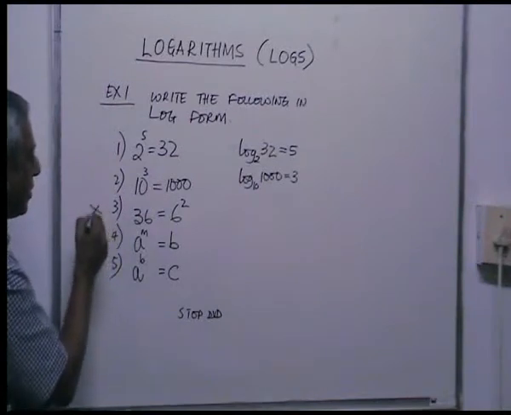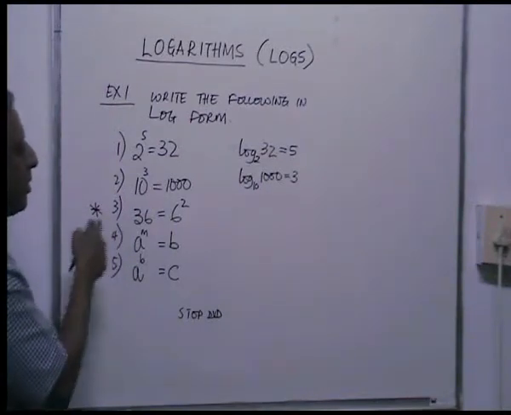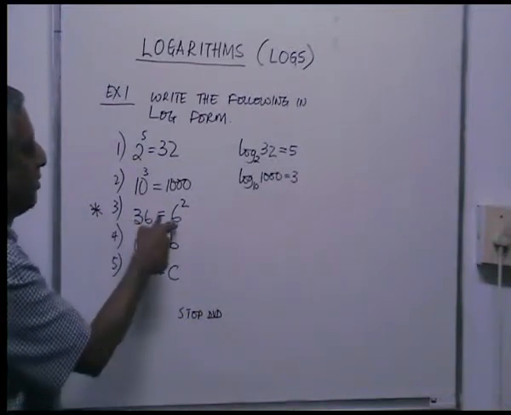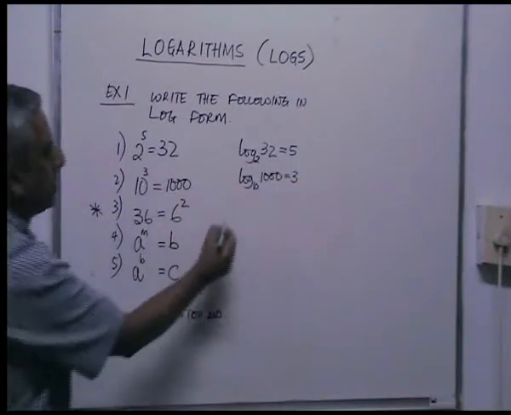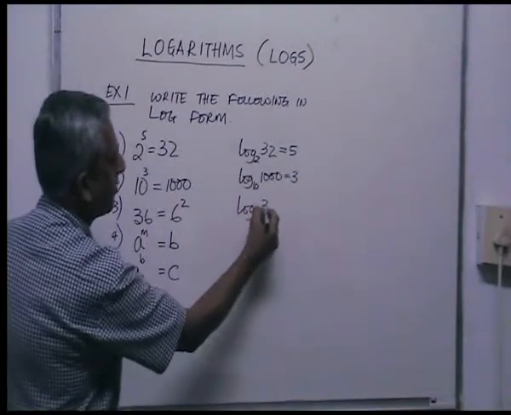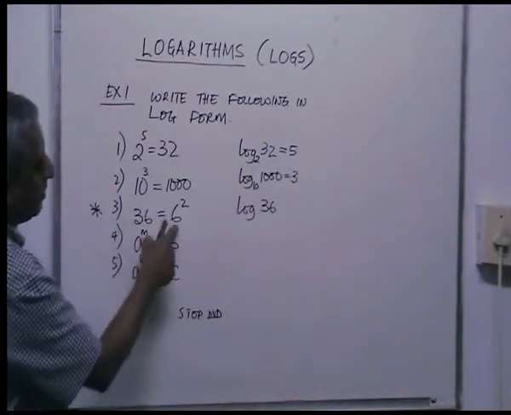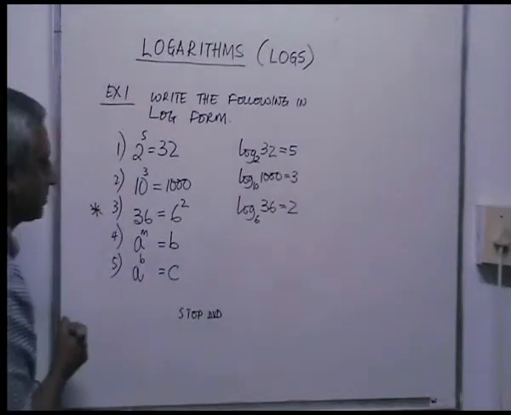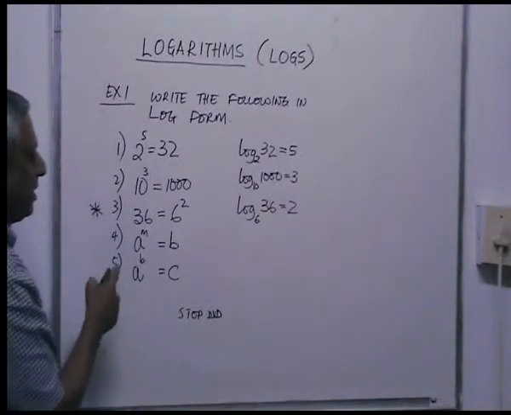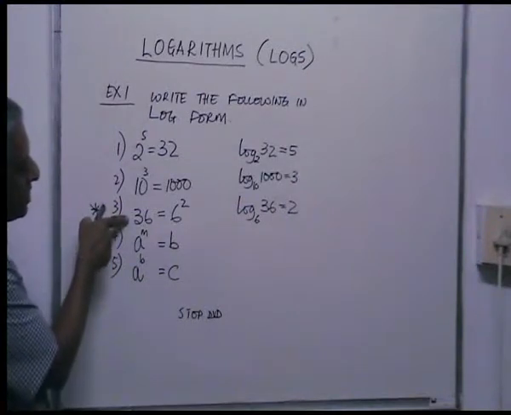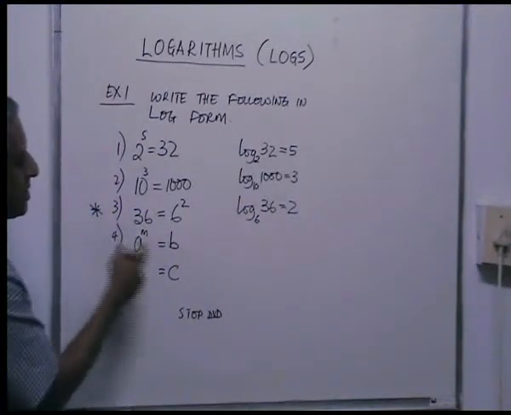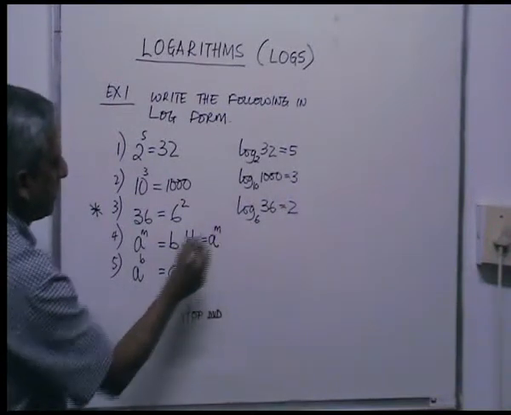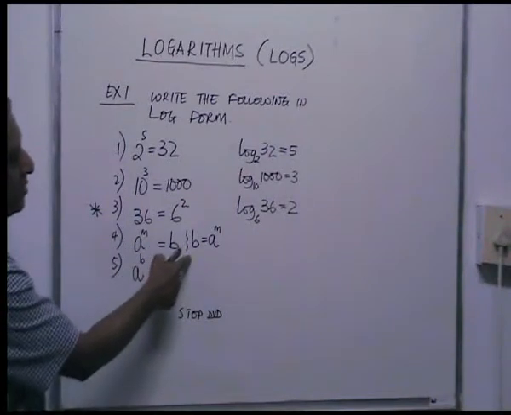In fact, if you write all your questions like this, life becomes easier, because then you will write it as you speak: the log of 36 to the base 6 is equal to 2. So if I follow the advice that I got in this question here, then I can rewrite this question as b is equal to a to the m.